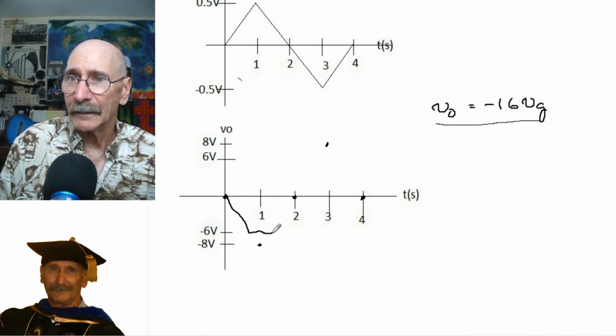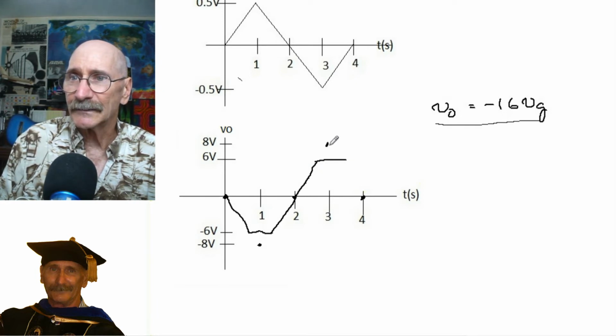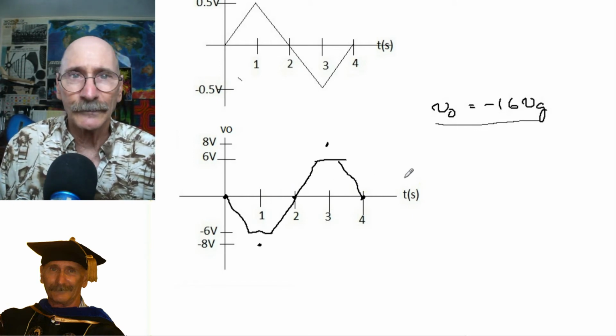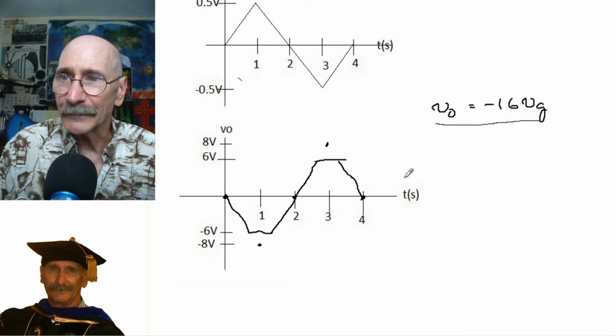It reaches across at the limit, then goes back up, and at the top we stop at 6 volts. It reaches its limit, cuts across this line, and goes back down to 0 volts. And this is our solution. That takes care of this problem.